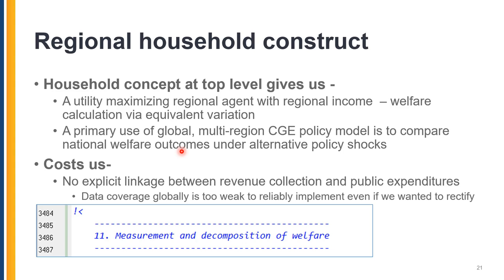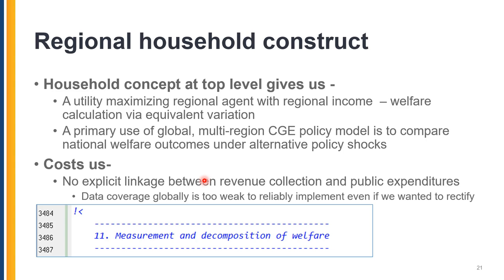So what does it cost us? Well, if you're on the public expenditure side and thinking about revenue collection via taxes and public expenditures, whether through subsidization or public good procurement, then you don't have that explicit link. Remember, the taxes are all collected by the regional household.